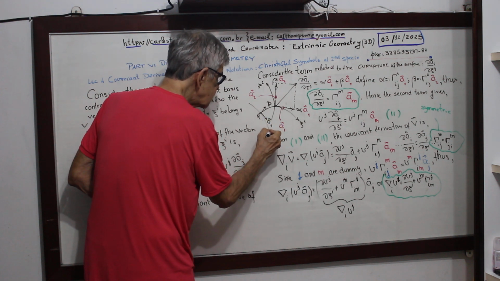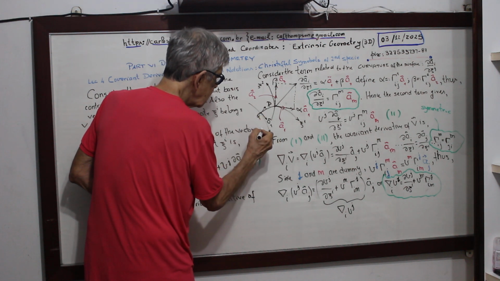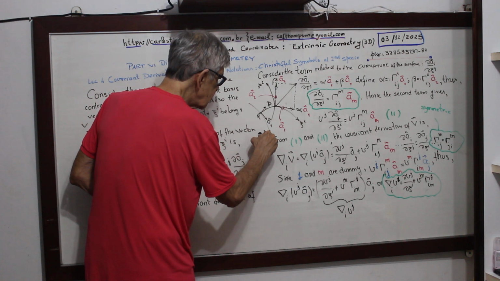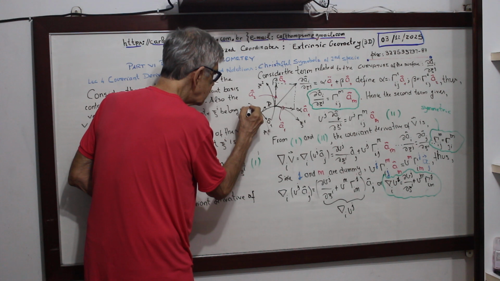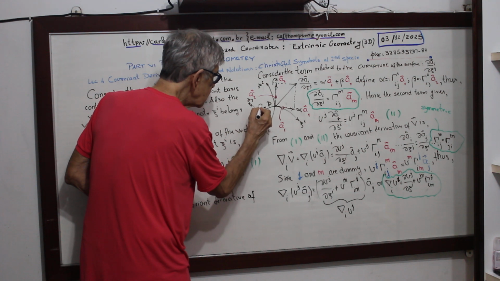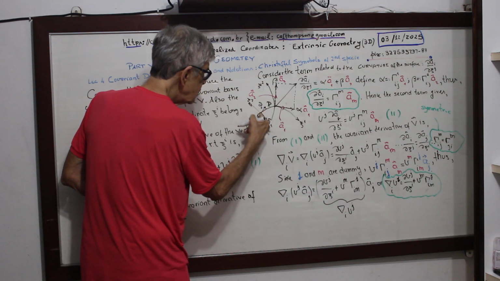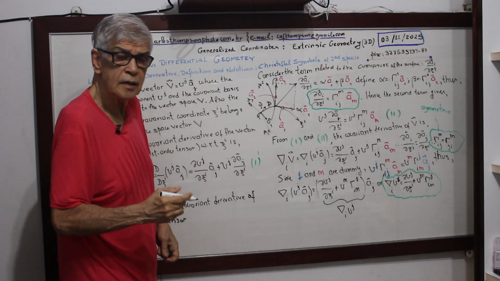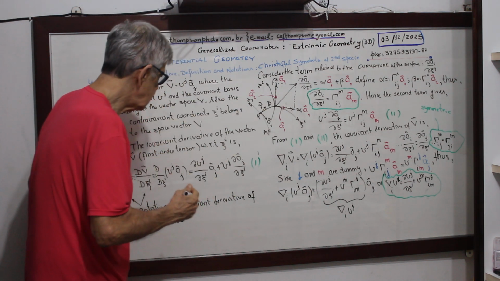You see, this is C1, and this is C2. The basis vector here changes when we move from one point to another in a curved space, okay?